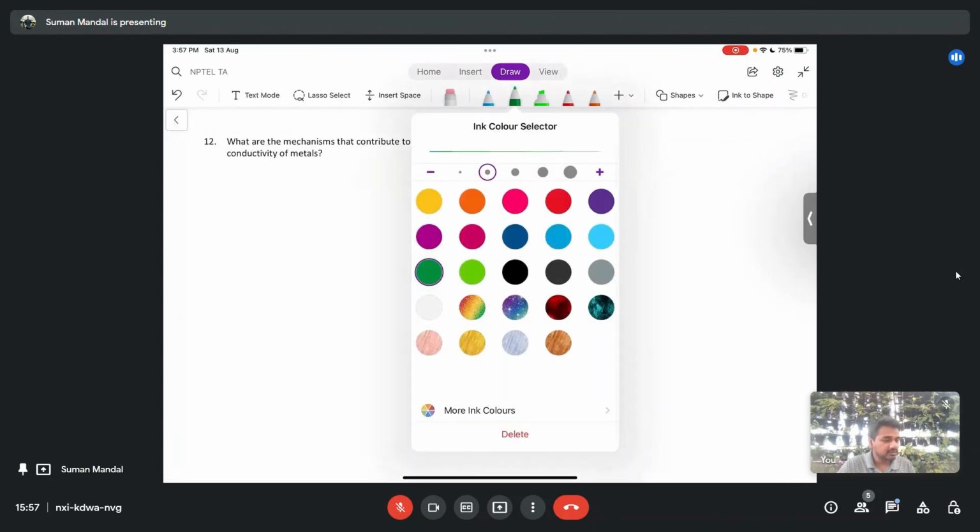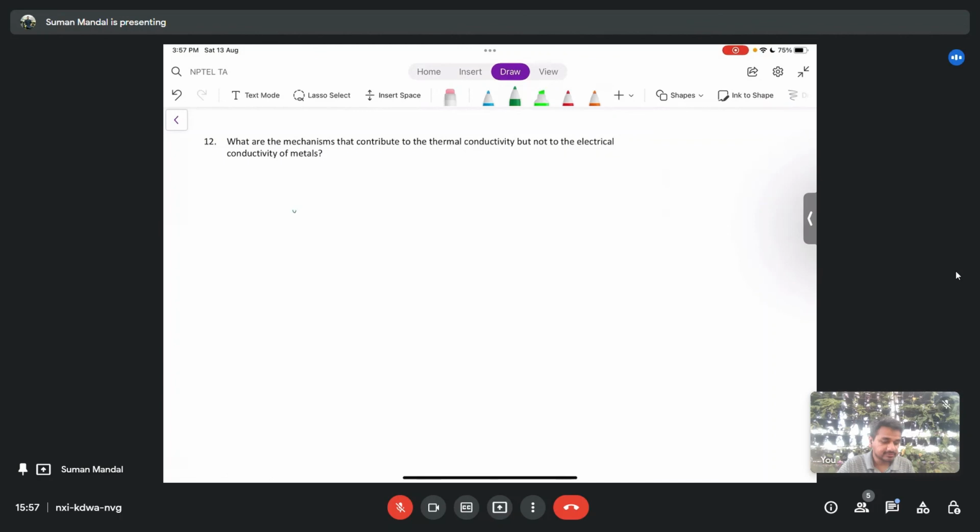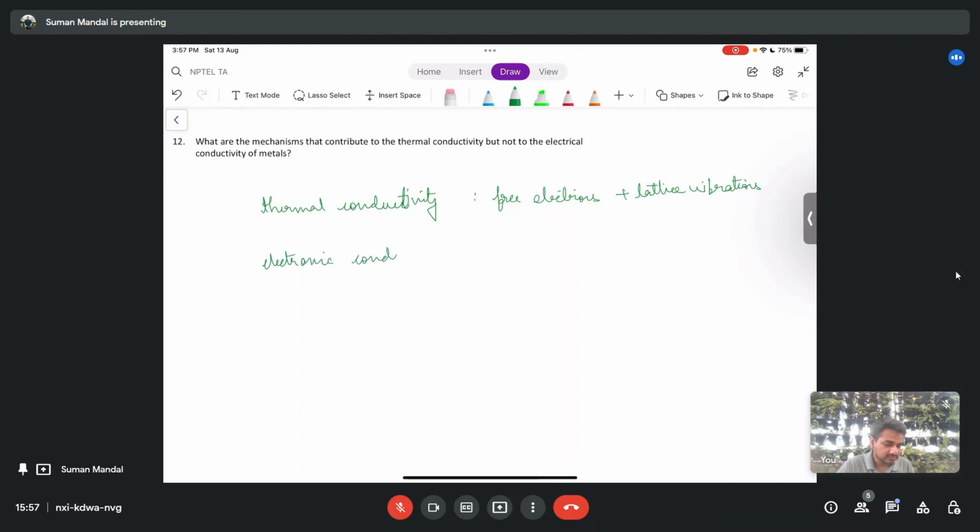So, let's say for thermal conductivity, both free electrons and lattice vibrations are important, whereas for electronic conductivity, only the free electrons are important.